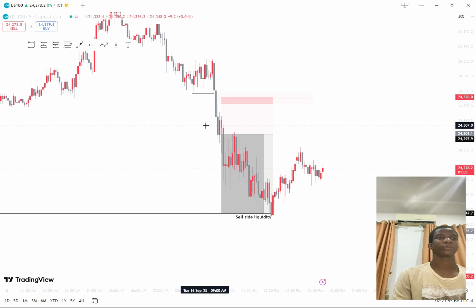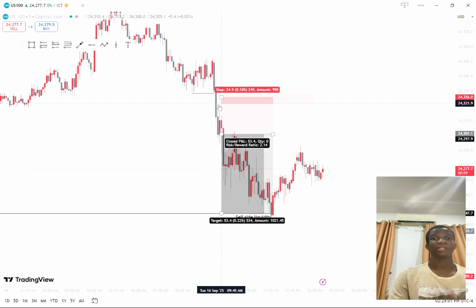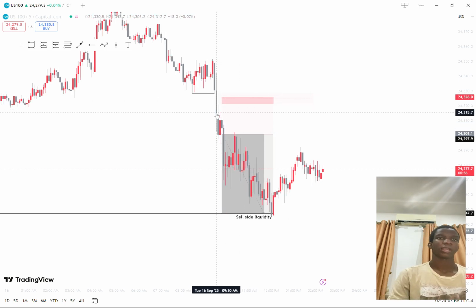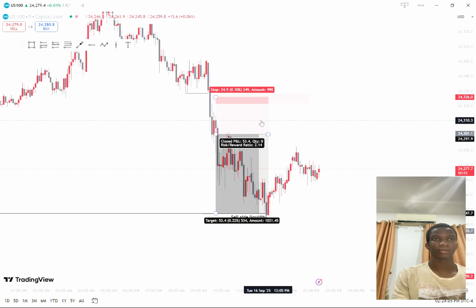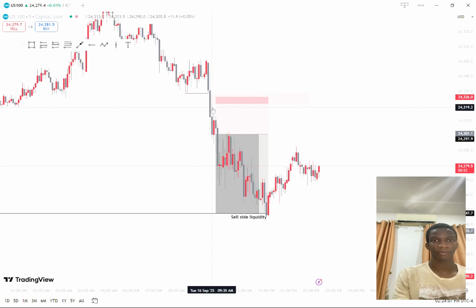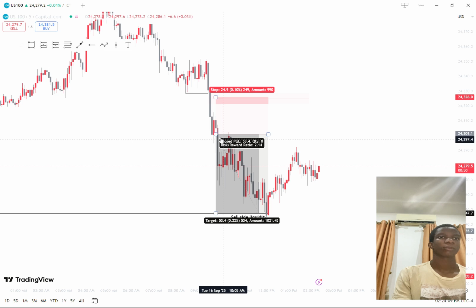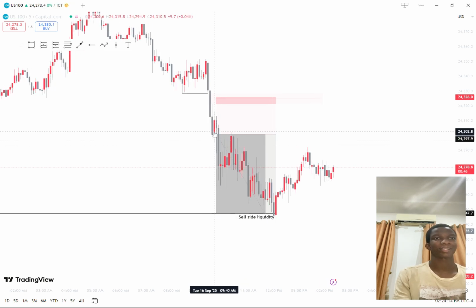So when gaps don't get traded into, it's a huge sign that price is heavily bearish or heavily bullish, as it may be. So I was waiting to see what will happen with this 5-minute fair value gap, right? So we formed this 5-minute fair value gap at like 9:35, so basically like 10 minutes after market opens.